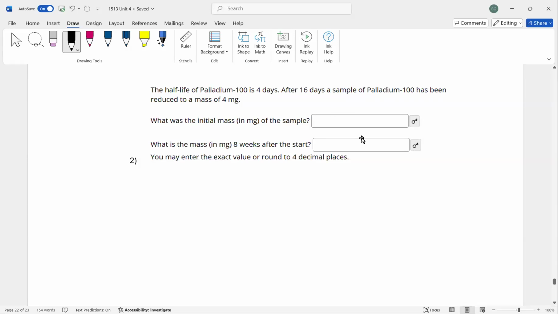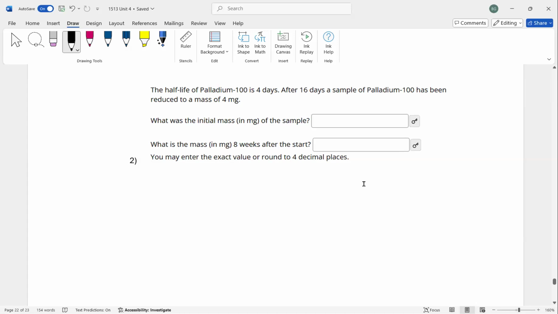After 16 days, a sample of the substance has been reduced to a mass of 4 milligrams. What was the initial mass of the sample? What is the mass in milligrams 8 weeks after the start? You may enter the exact value or round it to 4 decimal places.